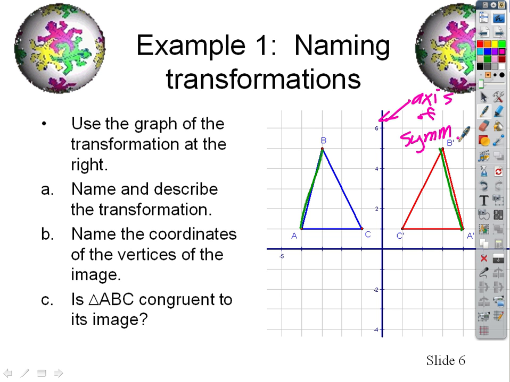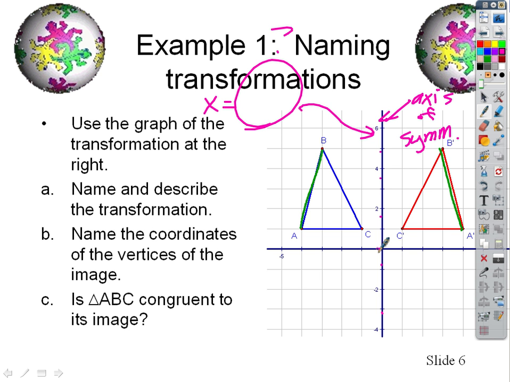So when we want to write the equation, we have to write x equals and then fill in what x is always equal to. Every coordinate on this line has an x value of what? And the easiest one to think of is just where it crosses the x-axis.